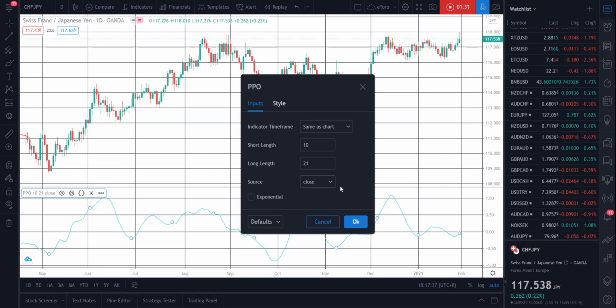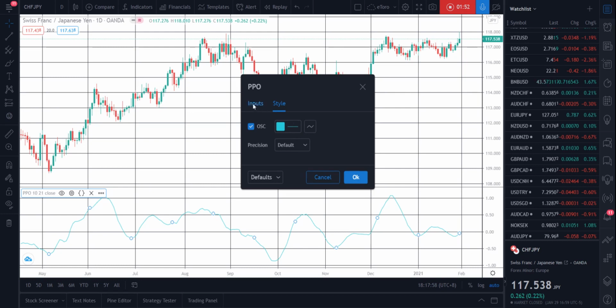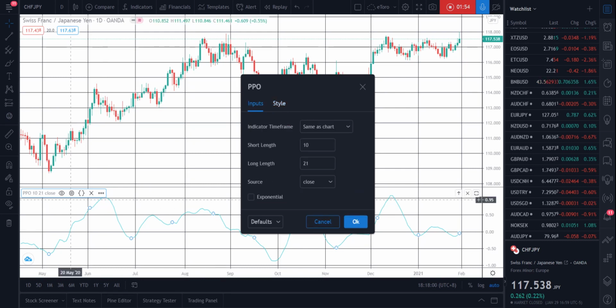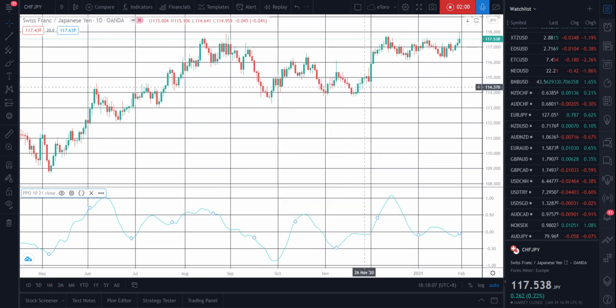The source, normally we apply shift load, but you can change that. You can also use other moving average types. On TradingView, you can use exponential as well. On some other trading platforms, you may be able to use other moving average types. Anyway, I'm not going to change the settings for the price oscillator, so I'm leaving that as it is.